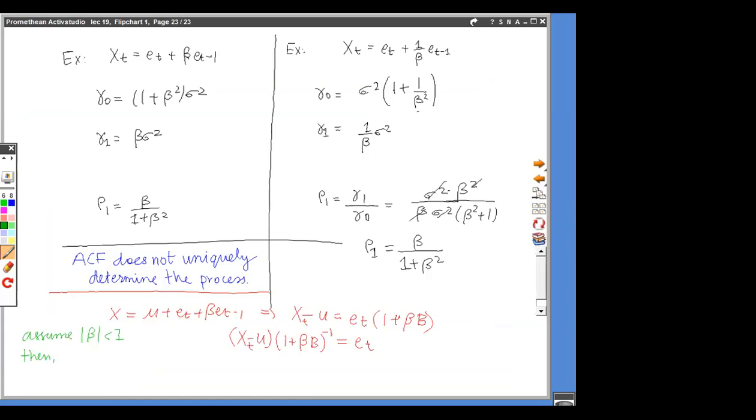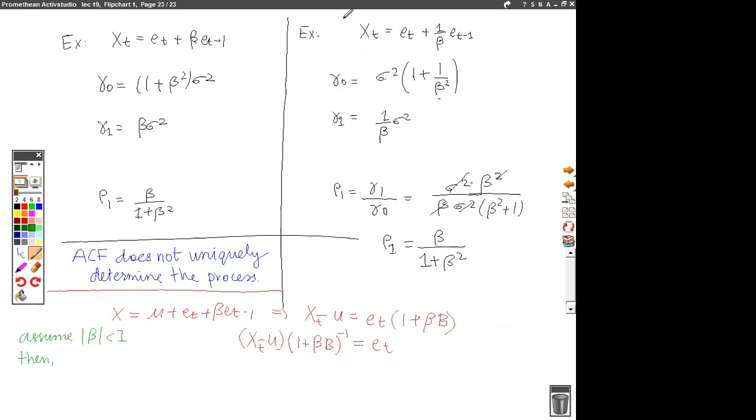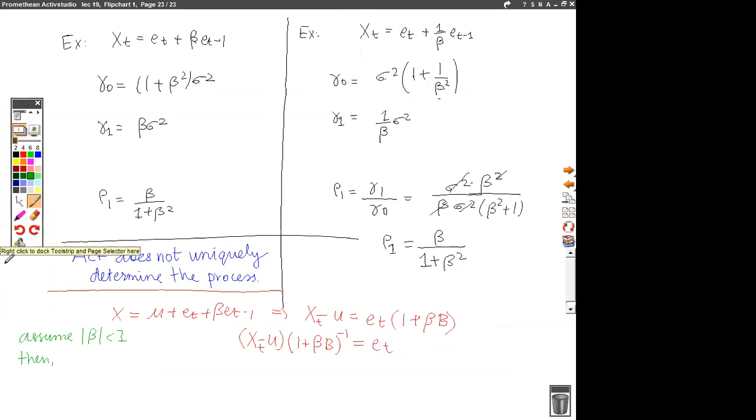It will be 1 minus beta B plus beta square B square minus beta cube B cube and so on, plus beta raised to 4 B raised to 4. So you say it will be 1 minus beta B plus beta square B square.